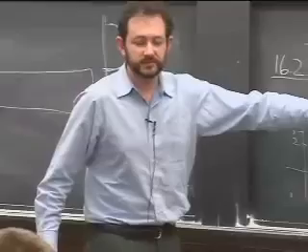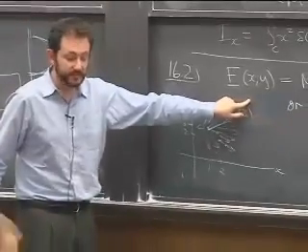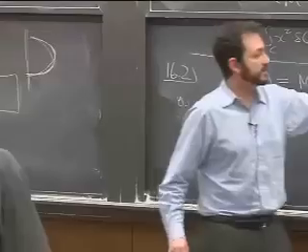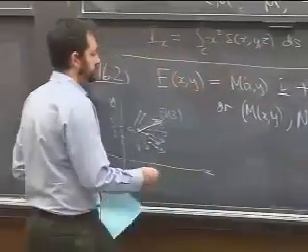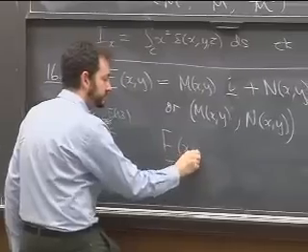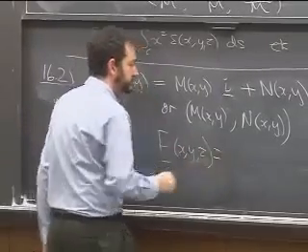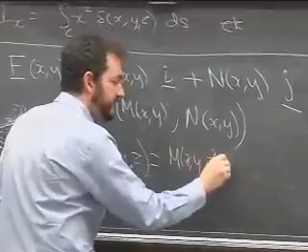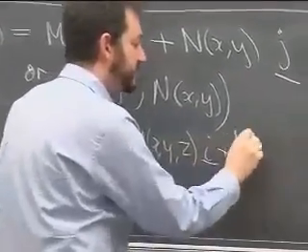Three dimensions is exactly the same, except there's a z, and there's another function P. So F might look something like this: M of x, y, z, i, plus N of x, y, z, j.